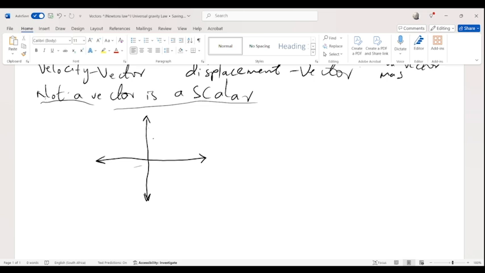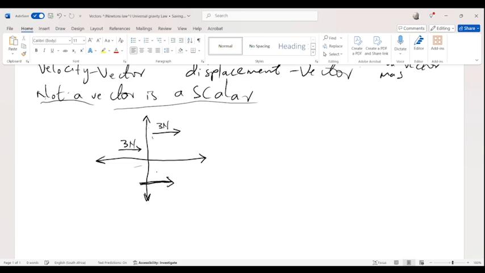So let's say for instance, I have three forces which are pointing in that direction, and each of those forces is 3 newtons. And let me place another one here.